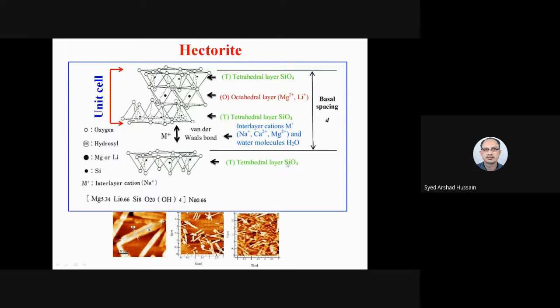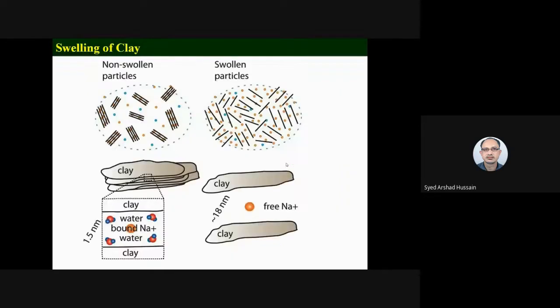So the interesting thing is that it's a layer structure, and based on the layering as well as the type of cations or ions in between the layers, one can have different nanomaterials with different shapes. And we know that at nano dimension, properties are shape dependent. That means one can play with the properties by choosing different types of clay. So this is interesting.